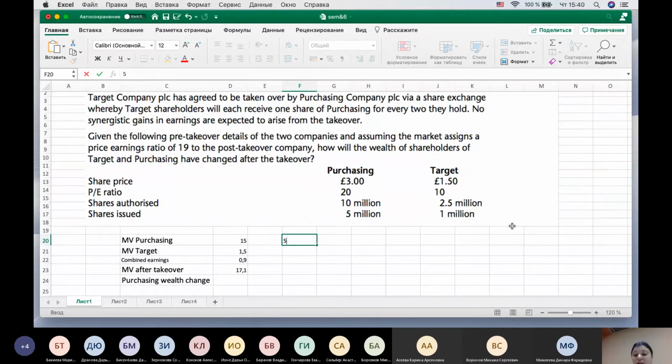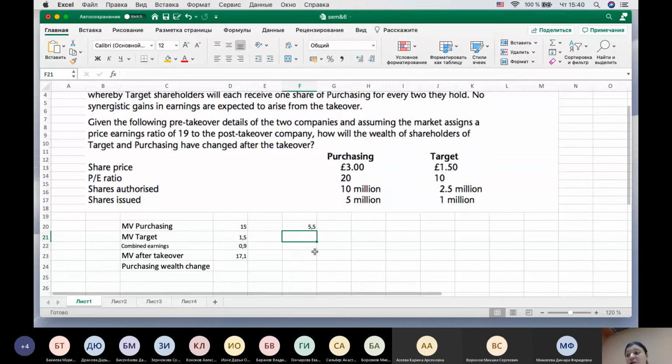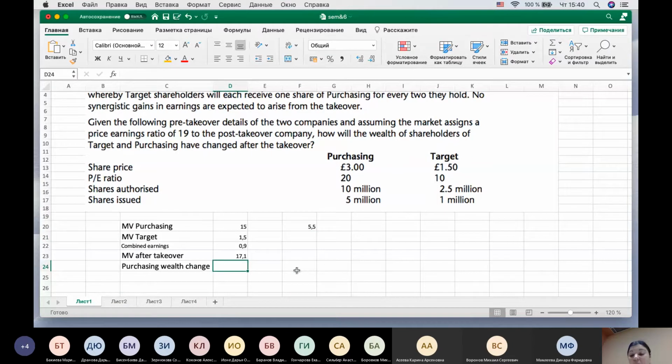So it will be 5 million plus 1 million divided by 2, 1 new share to 2 old shares. So it will be 5.5. Good. It's the amount of shares, the amount of stocks in the economy. And now I am ready to calculate our purchasing wealth change.